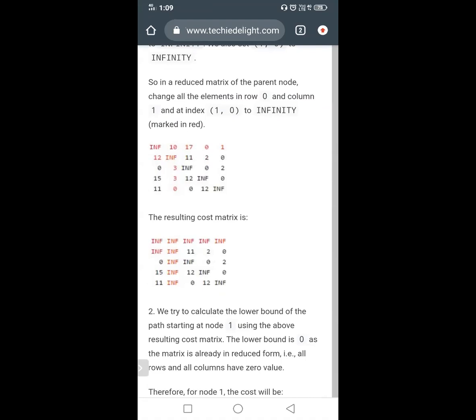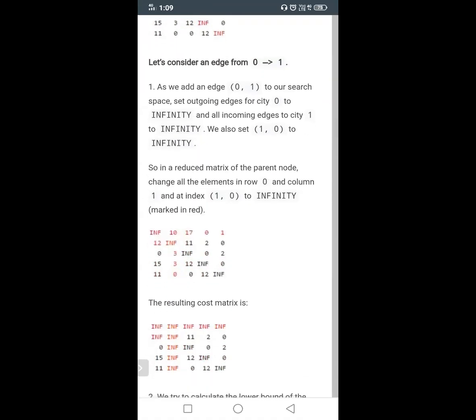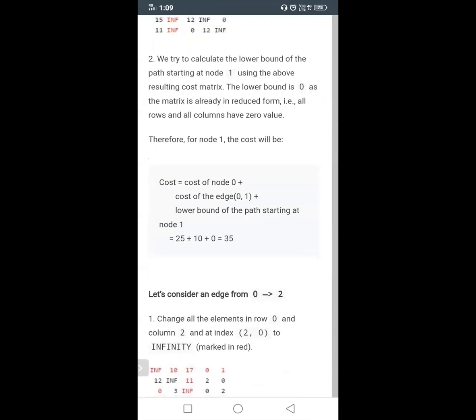In the matrix, 0 to 1, the cost is 10, plus the lower bound of the path starting at the expanded node. There is no lower bound, so we consider it as 0.